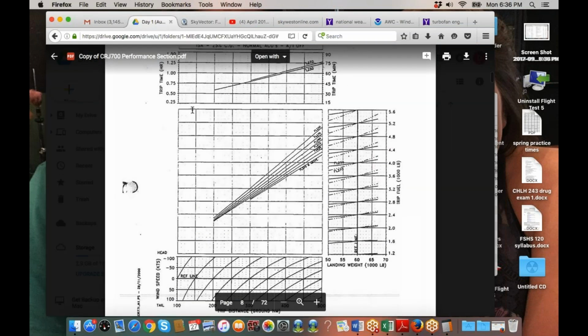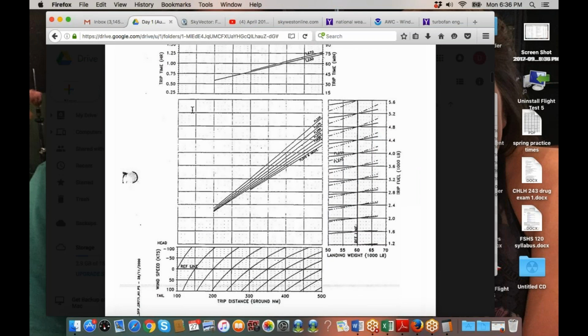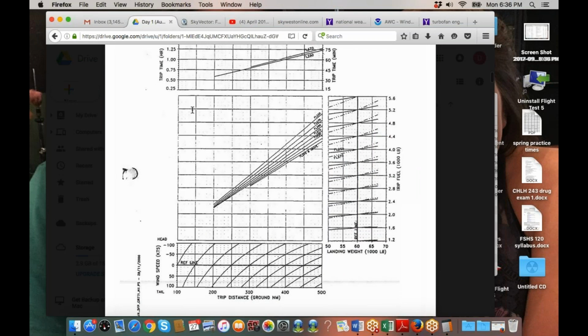All right. What did everyone get for the trip fuel? I hope this is right, but I got 3,300 pounds. I got about 34. So those are basically the same. That's pretty close. Did anybody get any big outliers?